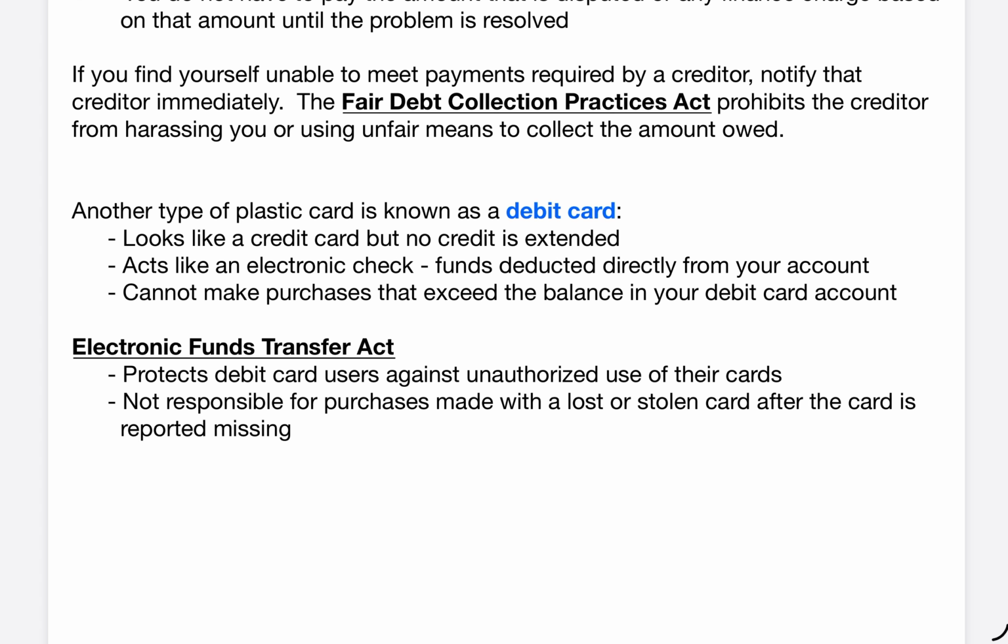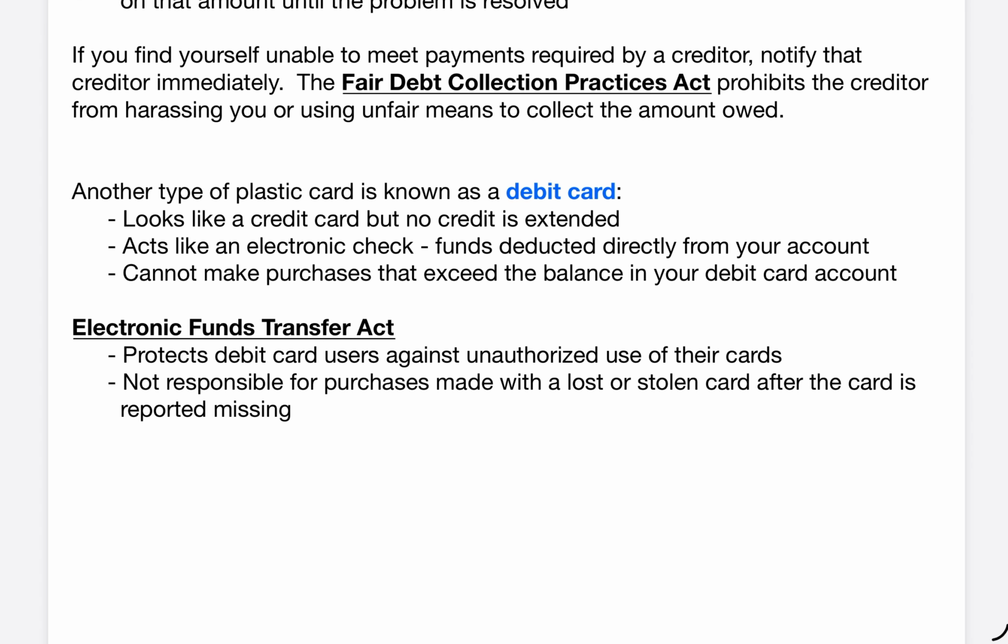Okay. And then the last thing is the Electronic Funds Transfer Act. It protects debit card users. So in your case, if you have a debit card, it'll protect you against unauthorized use of your card. If there is unauthorized use of your card, it's really important to contact your bank.